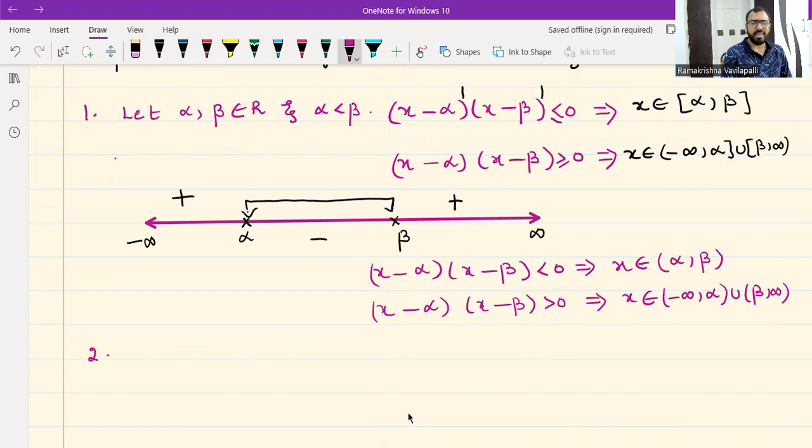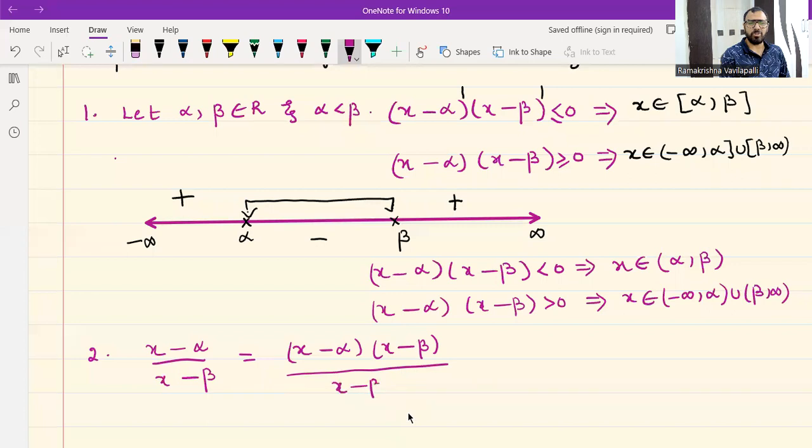Suppose they have given x minus alpha by x minus beta, suppose they have given like this. So this you can write by multiplying both numerator and denominator by x minus beta, so the denominator becomes x minus beta whole square.